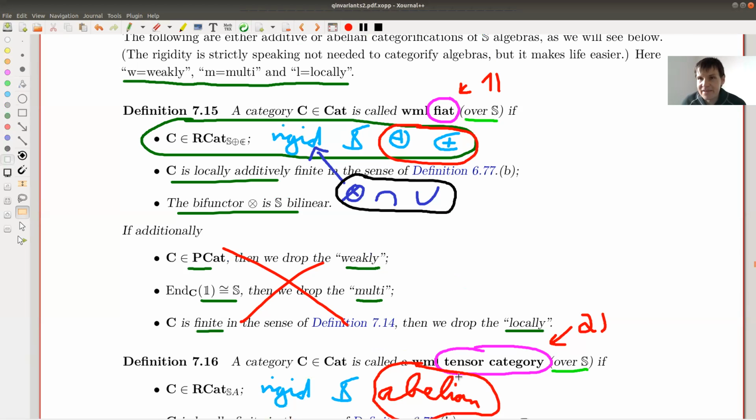And the real difference is whether you want to consider the abelian world, which is a bit easier in practice, but doesn't appear in examples, or it does appear, but it's rare, right? It's not as common as the other one. Or you want to be additive and idempotent complete, and you're in this setup, which is a bit more complicated in practice to prove theorems about it and so on. But more examples fit into slice one.